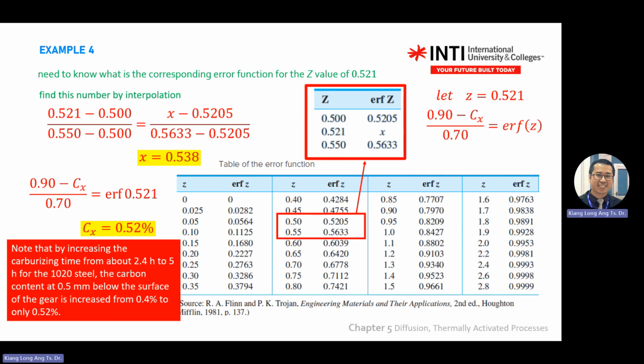Just now, example 3 is 0.4%. Then in this one, you increase to 0.52%. If you increase the hours, maybe another 2 more hours, you increase further.